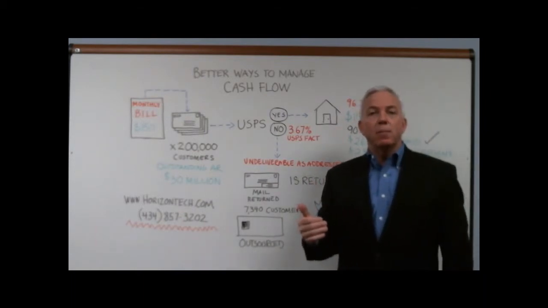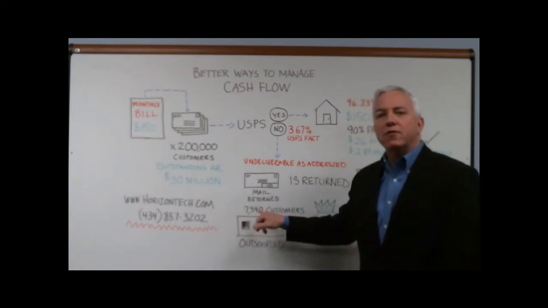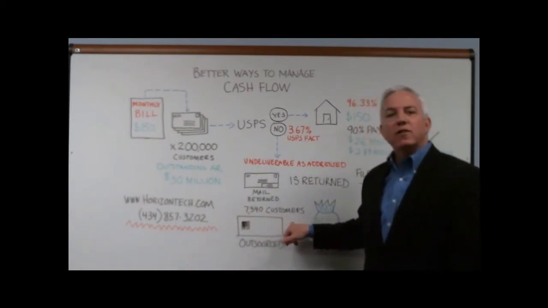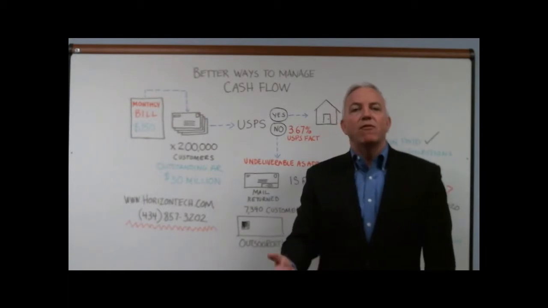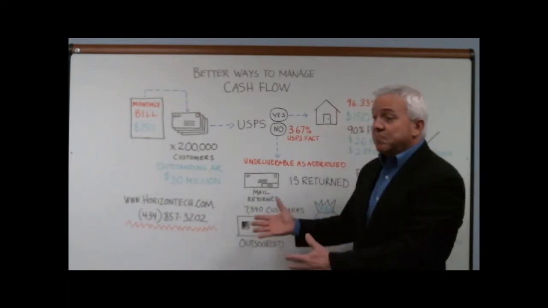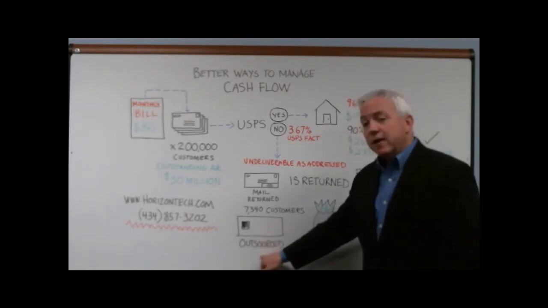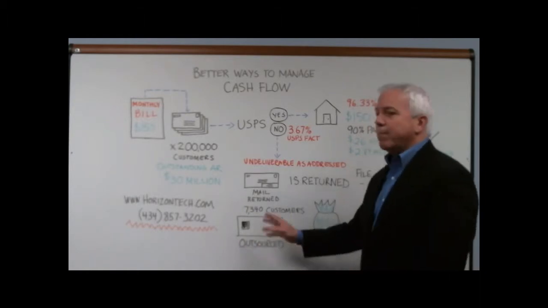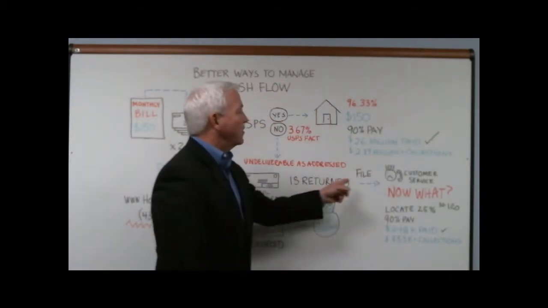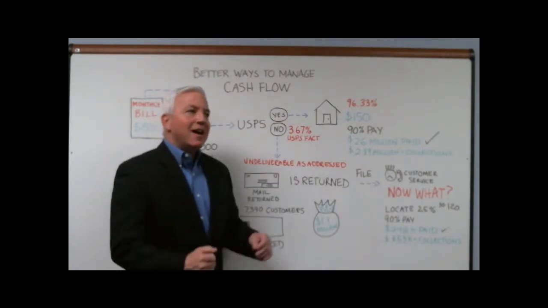In this case, we know that 7,300 customers will have this issue every single month based on these numbers. 7,300 customers on average will actually be returned and you've got to do something with them. So the outsourcer today is simply reading a barcode and passing that information back to you. Follow the chain. It's going in the form of an electronic file back to customer service.